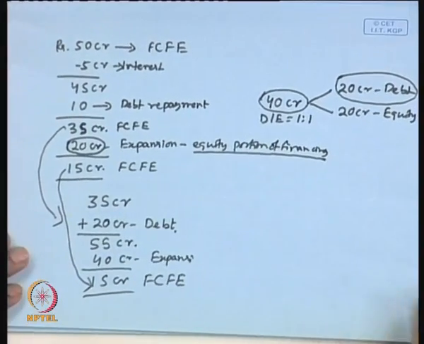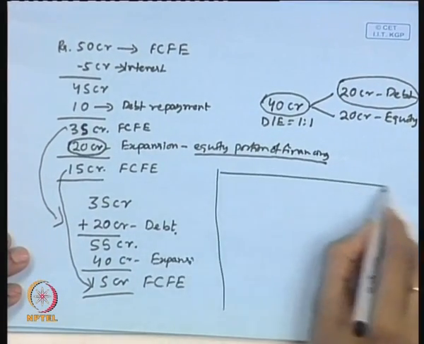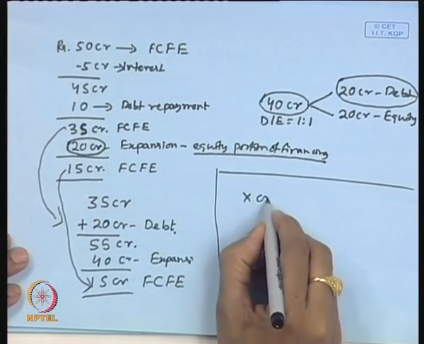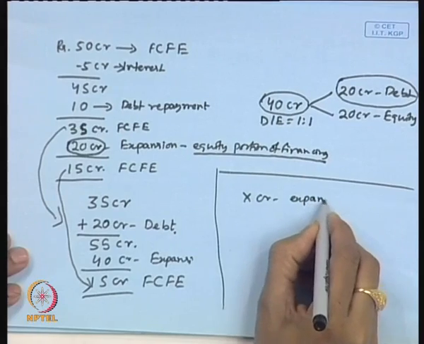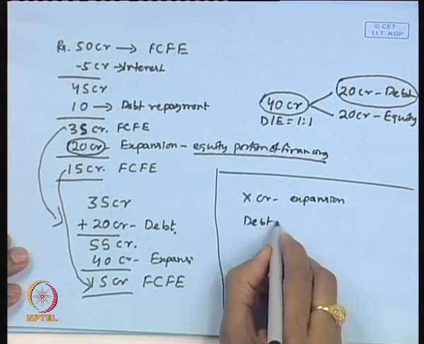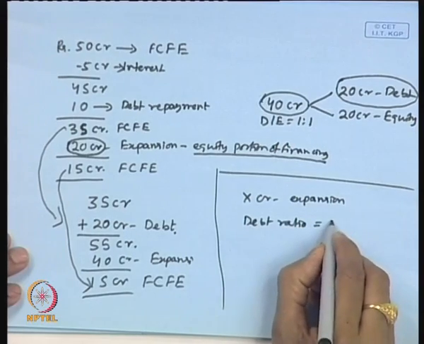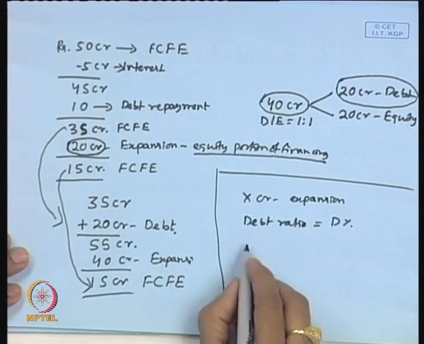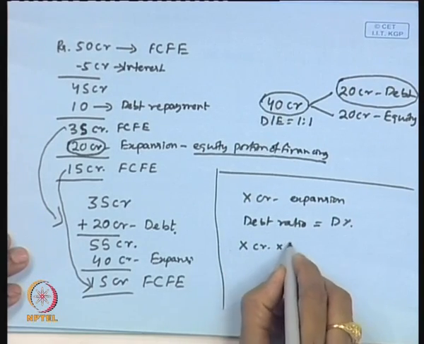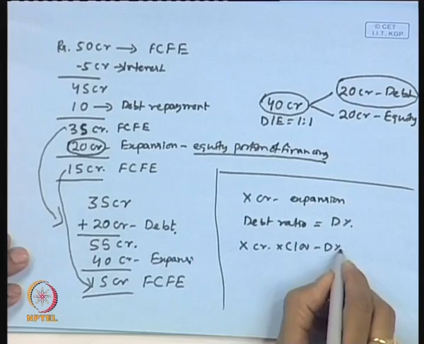Another approach is that if you have x crore of expansion and the debt ratio is d%, then the equity component will be x crore into 100 minus d%.